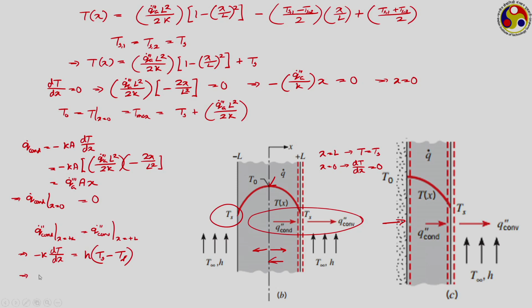So, dT/dx we have done earlier also, and therefore, in this case dT/dx at x equal to L comes to be equal to q g dot triple prime into L is equal to h into T s minus T infinity, giving you T s equal to T infinity plus q 0 triple prime into L upon h.